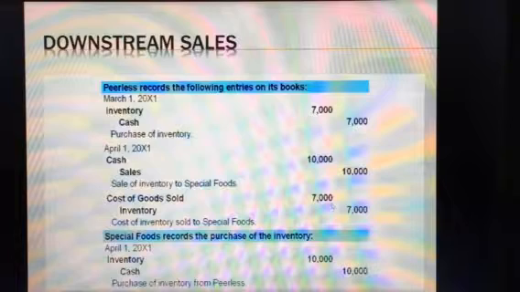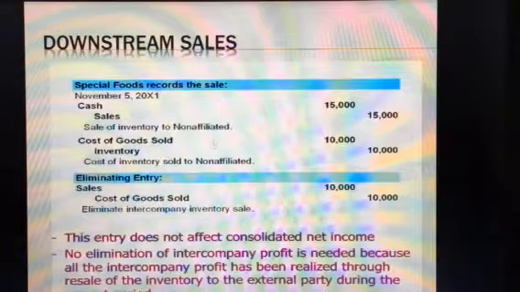Cost of goods sold is 7,000 for the inventory bought in March, and the inventory is 7,000. Special Foods records the purchase of the inventory like this: inventory 10,000 in debit and cash 10,000 in credit. So this entry does not affect consolidated net income.